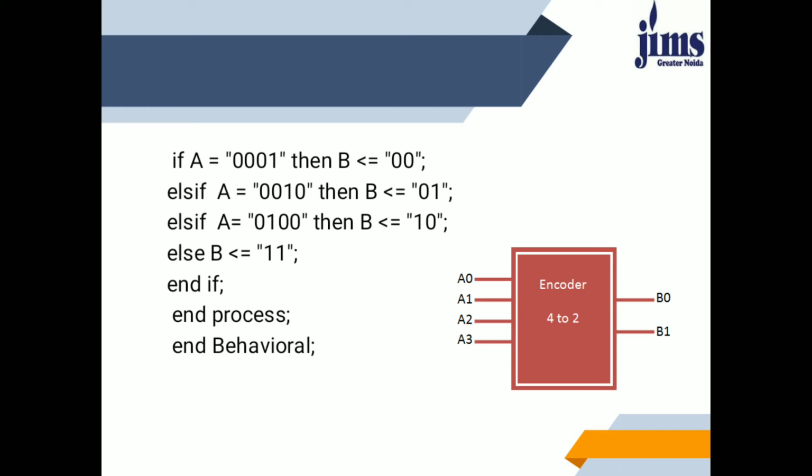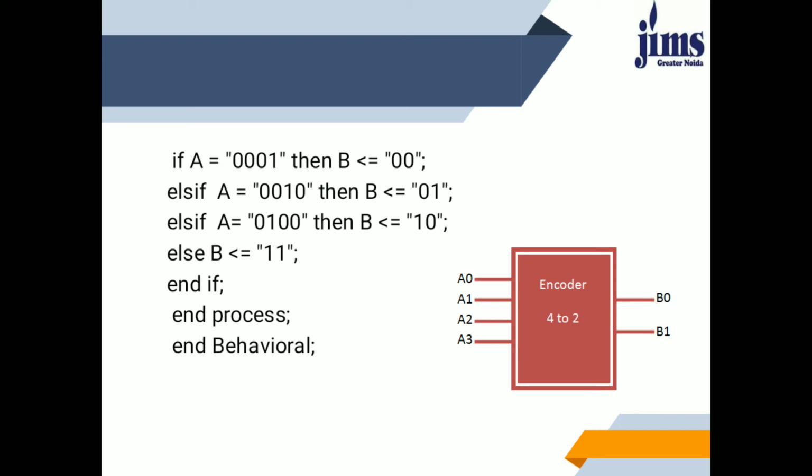Else if it will check another condition, and if this condition comes as 0, 0, 1, 0, then B will be assigned a value of 0, 1. Else if this condition is not satisfied, then it will check another condition of 0, 1, 0, 0. That means A2 equals 1, then B will be assigned a value of 1, 0.